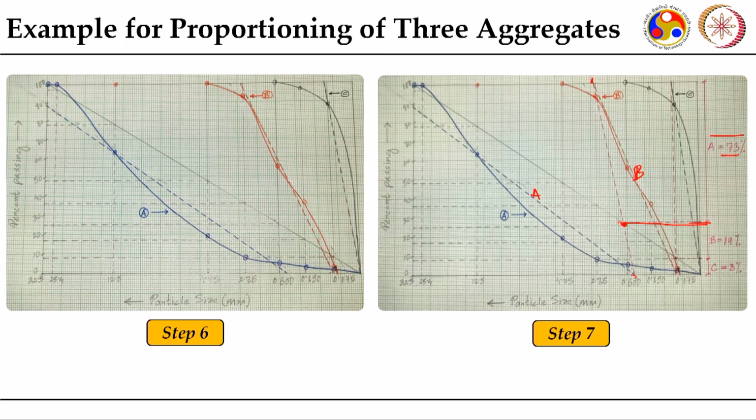Similarly, for the next case I will see where the end point of B, when joined with the top point of C, cuts the diagonal. So that gives me the percentage of B, which is 19%.